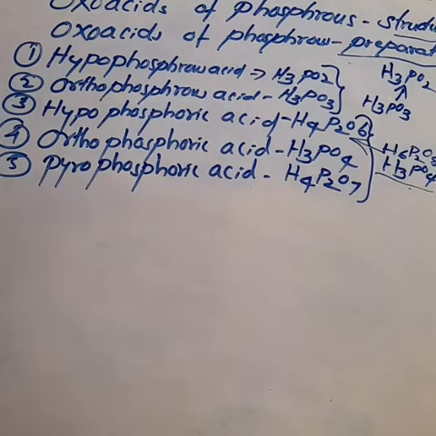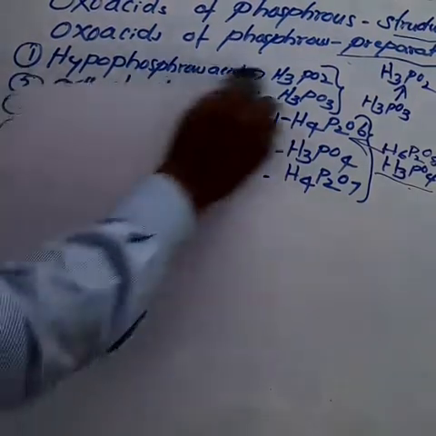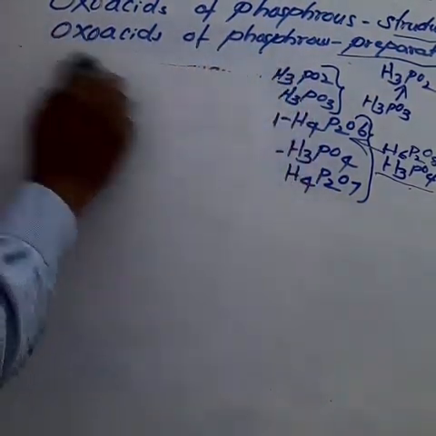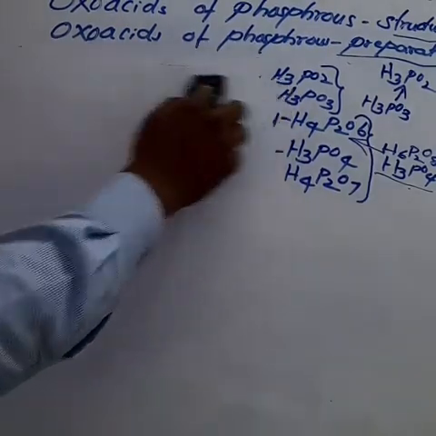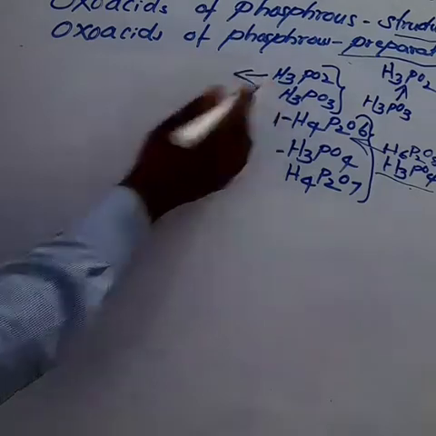This is how to write the formulas. Next, the oxidation state of hypophosphorus acid, H3PO2. First you have to take hydrogen as +1.